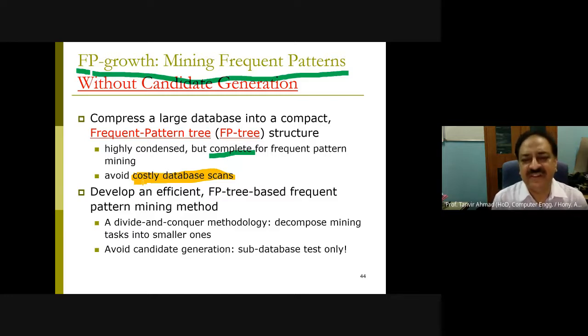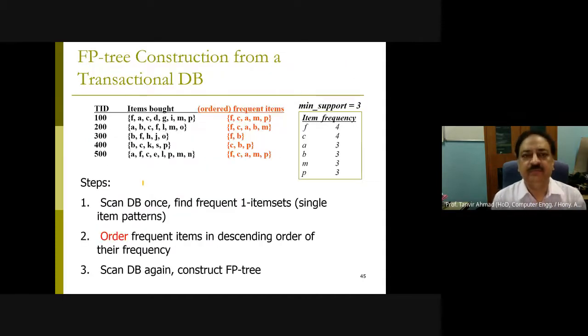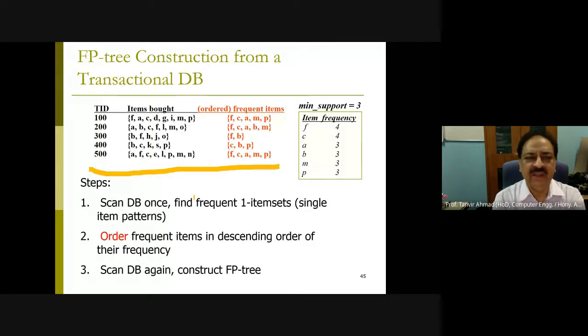Now let us try to understand the algorithm. This has to be understood very well because it is a little trickier than the previous algorithm. Suppose I am given this data set, which contains 5 transactions, and these are the items: transaction number 100 contains F, A, C, D, G, I, M, P, and so on.